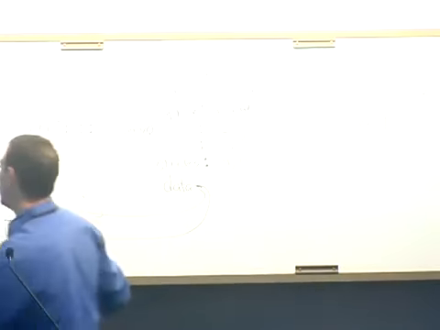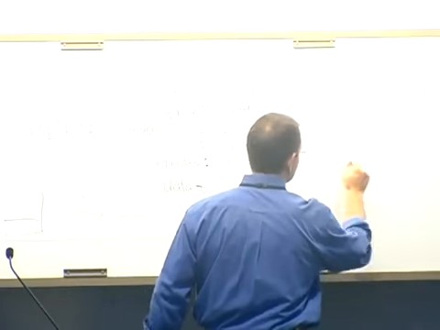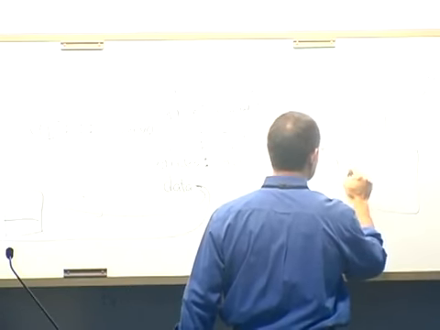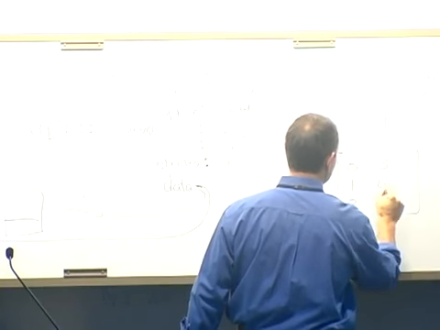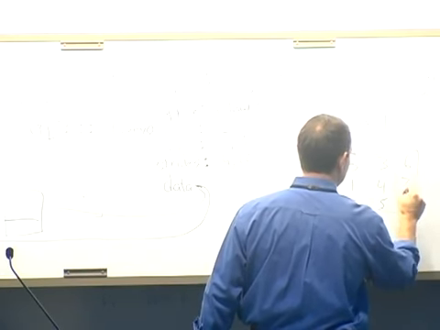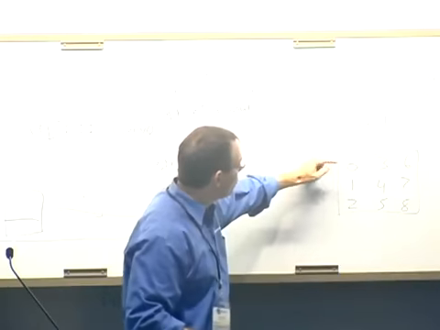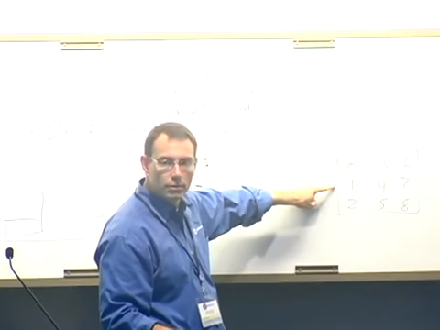Let's just draw what this looks like. It's going to be 0, 1, 2, 3, 4, 5, 6, 7, 8. If you want to go to the next row, you move over 4 bytes.